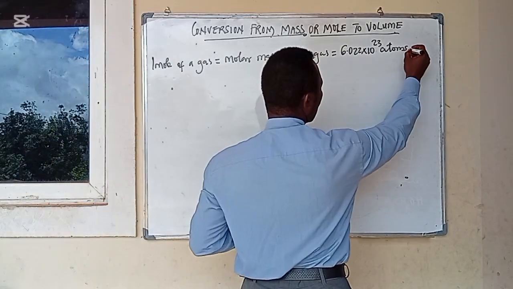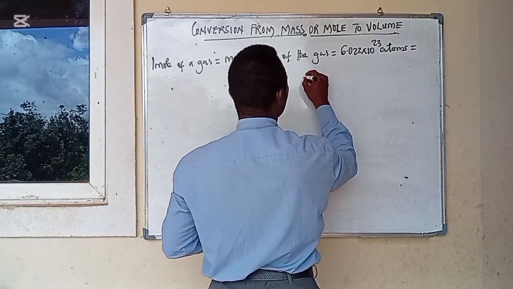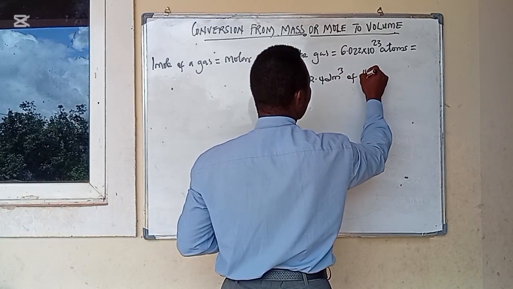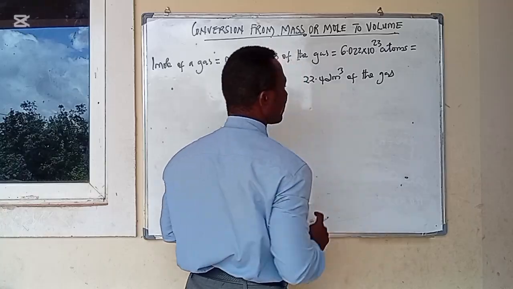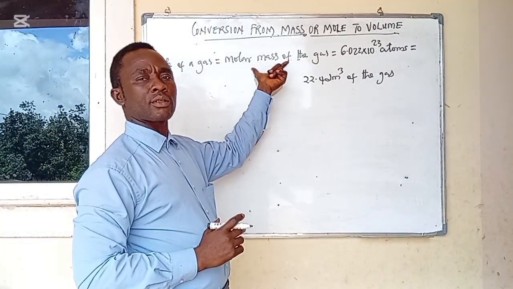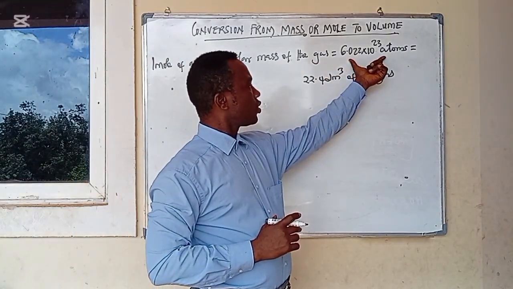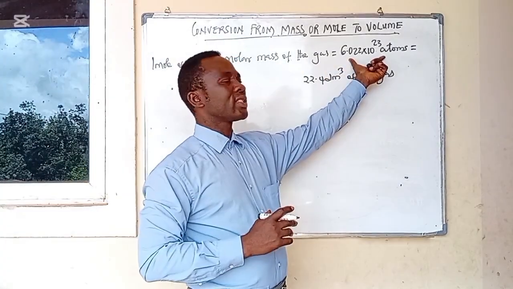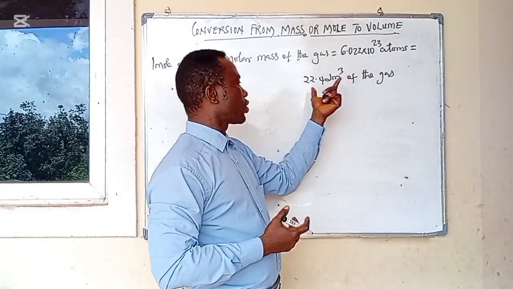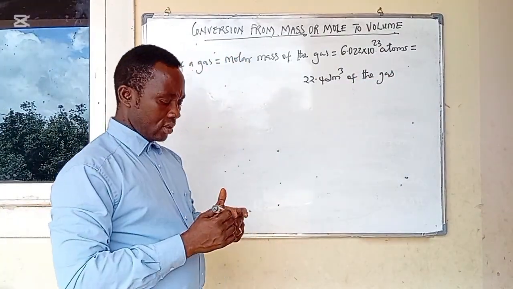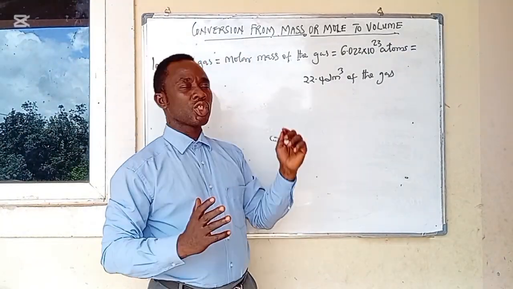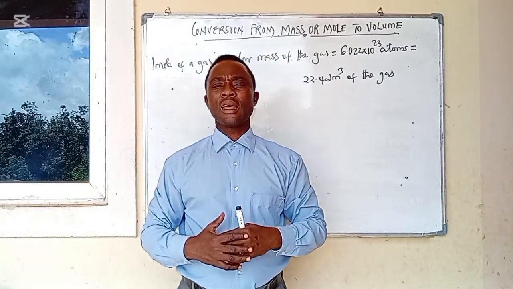This is also equal to 22.4 dm cube of the gas. So always remember this relationship. If you remember this, you'll be able to make a relationship between mass, mole, and the volume.